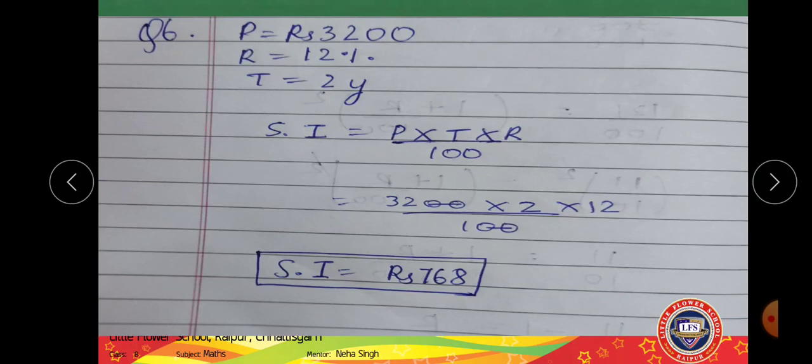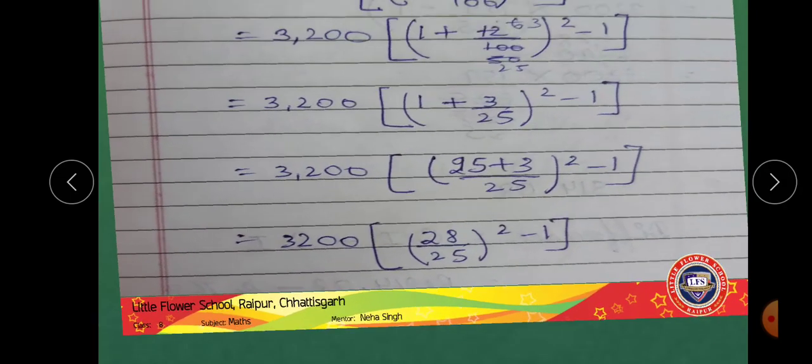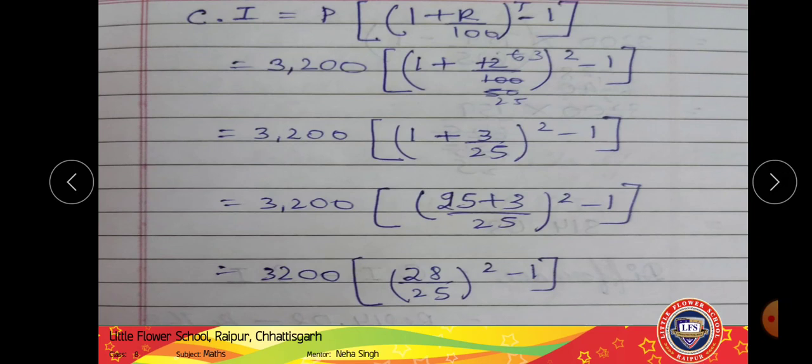So putting the formula for compound interest now. Compound interest equals P into (1 plus R upon 100) power T minus 1. So we'll put the values. P is given 3200, rate is given 12%, time is given 2 years, right?